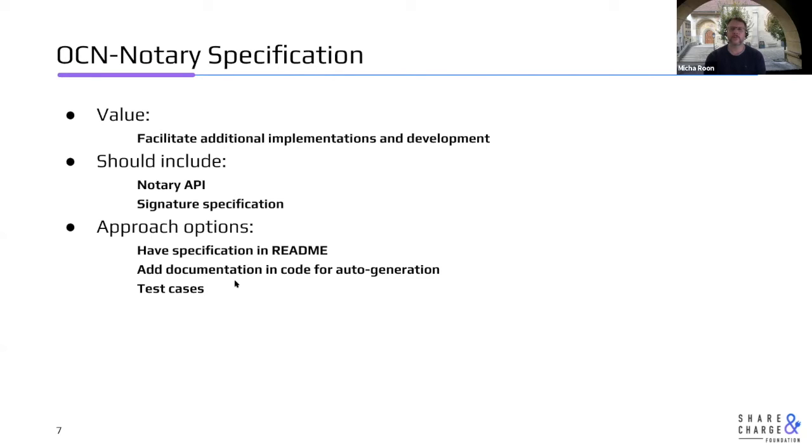The Cucumber tests are really easy to read because they use the given-when-then syntax, and you can add comments in between and explain whatever you do and the parameters you give.